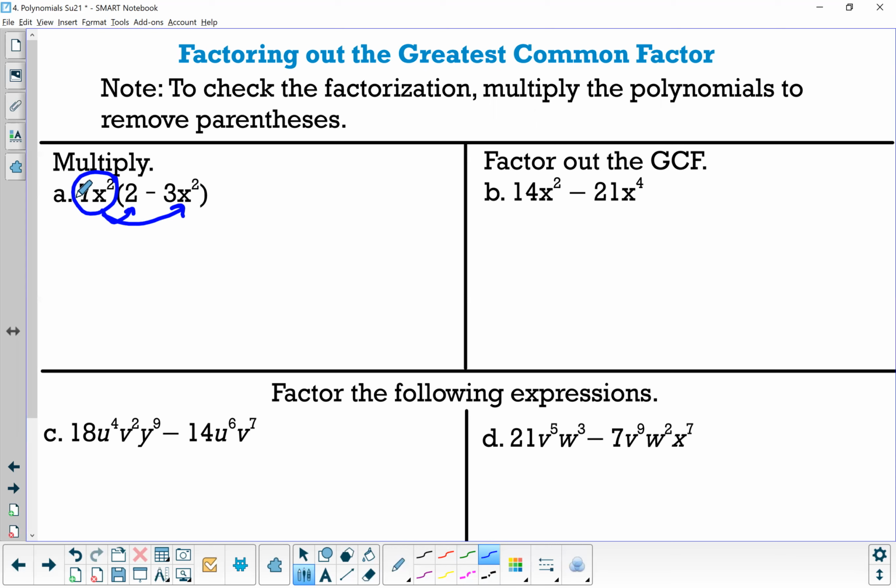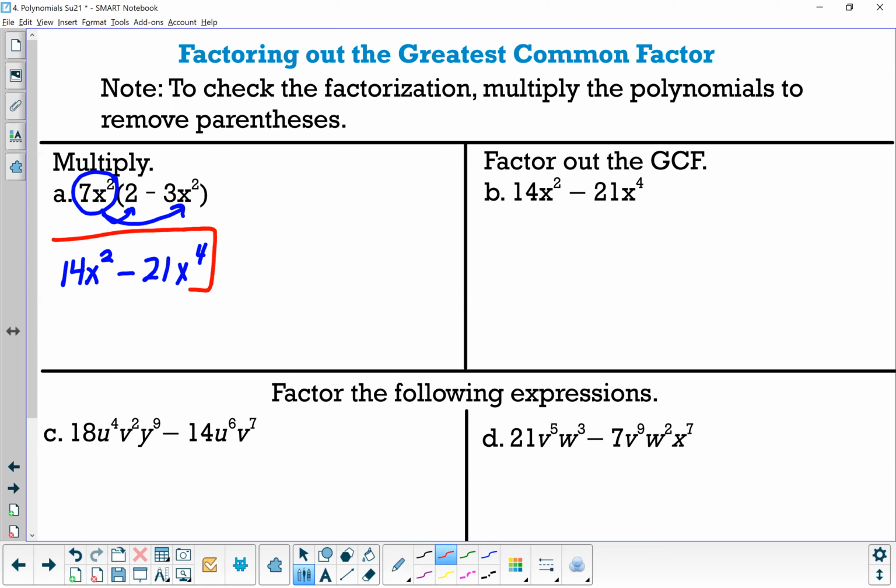And so 7 times 2 gives us 14x squared, minus 7 times the 3 gives us 21. And then the x squared times the x squared, since you are multiplying, you add your exponents. And that gives us x to the 4th power.